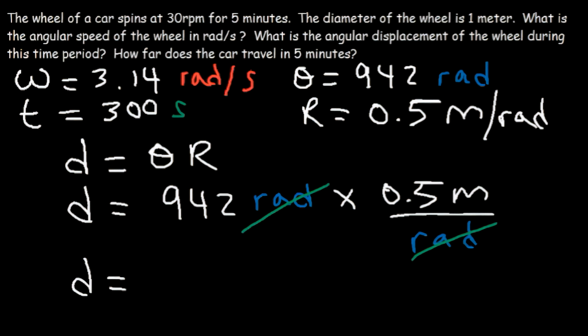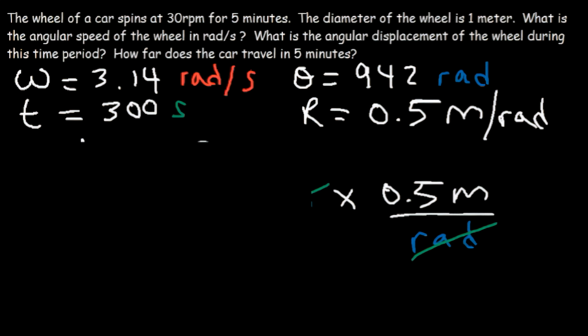So what is half of 942? Half of 942 is 471. So the car travels 471 meters in this time period of 5 minutes. So that's one way to get the answer.